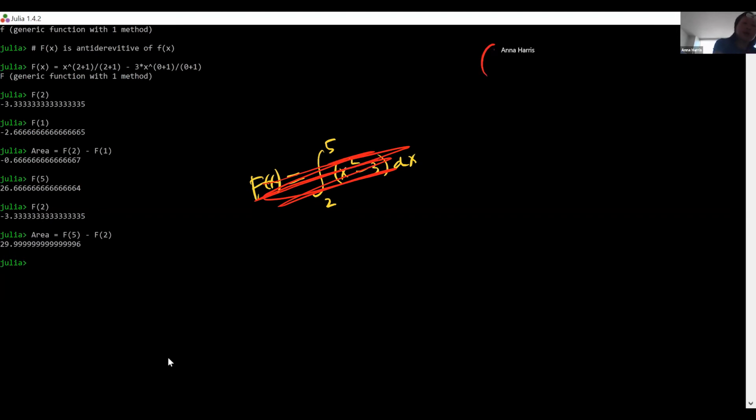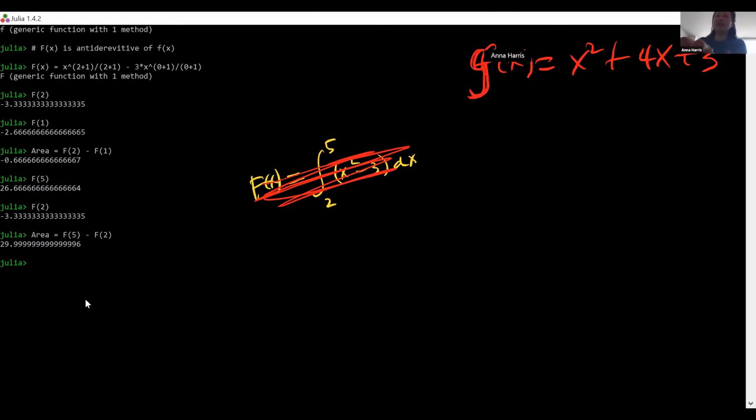So I'm going to try f of x equal to, say, x squared plus 4x plus 3. All right, so let's try a new one. Can I call it g of x? So I have a different name. Okay, I'm going to call it g of x.